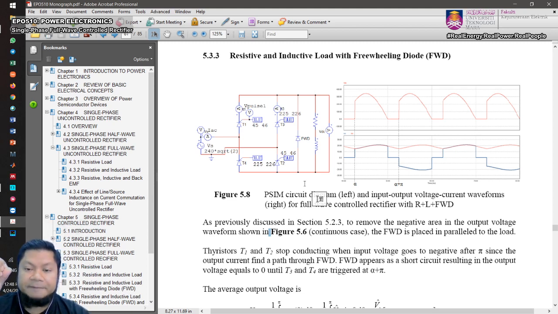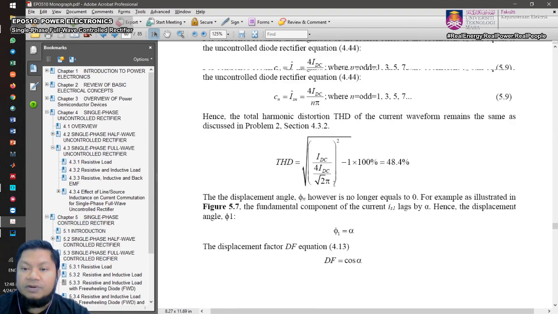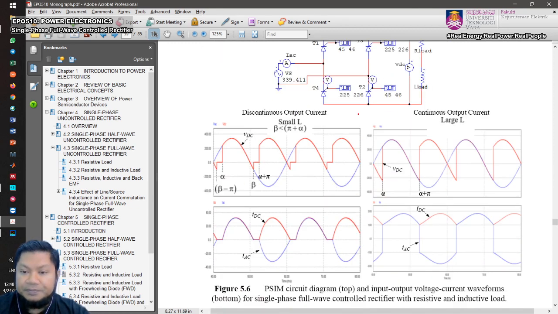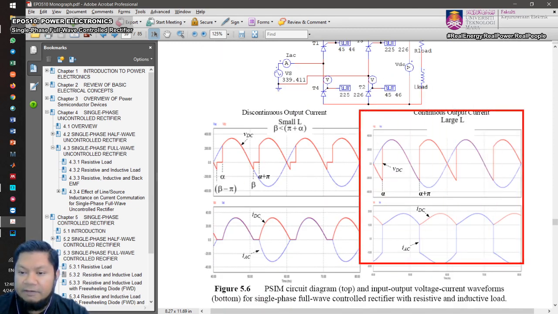Right? So let's go back to this previous circuit whereby you don't have this freewheeling diode. Let's look at the waveform. We are in the case of continuous current. So if you go back to the waveform from just now, in this case you have a negative area here, isn't it?